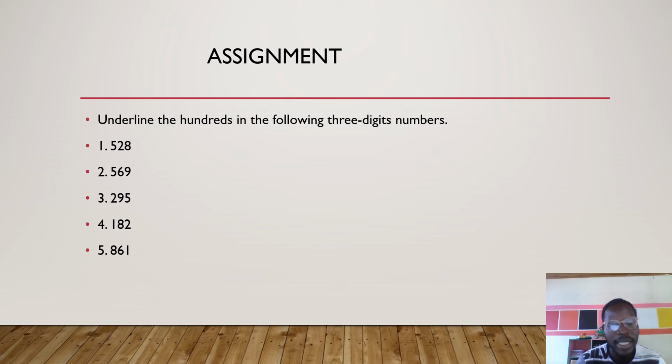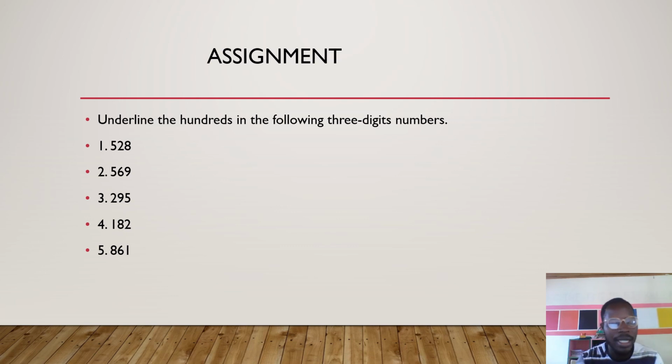So if you have been asked to underline the hundreds, I'll underline 5. Question 2, 569, I'll underline 5. Question 3, 295, I will underline 2. Question 4, 182, I will underline 1. Then 861, I will underline 8.